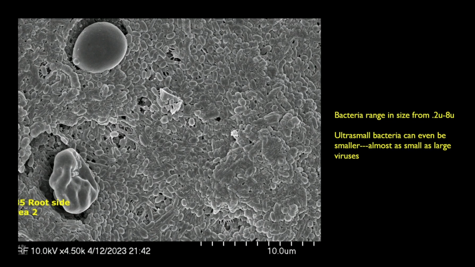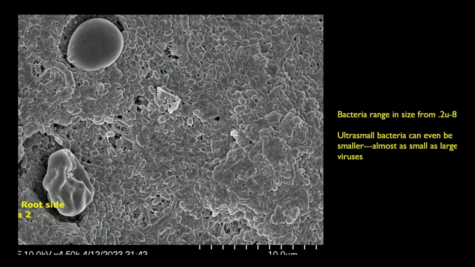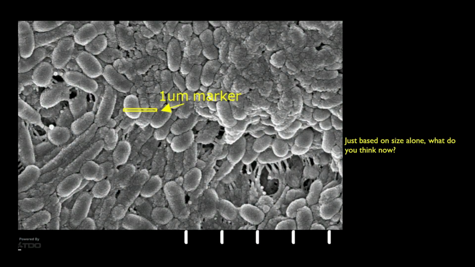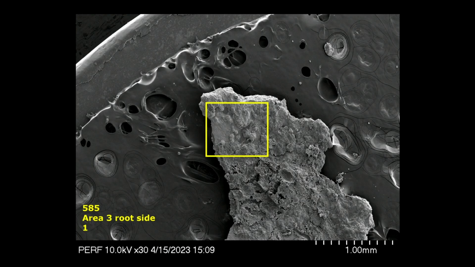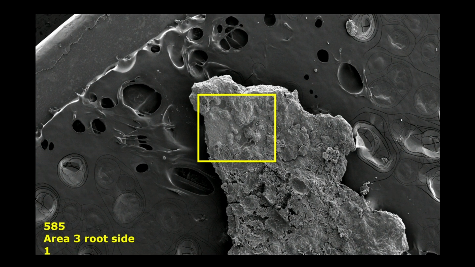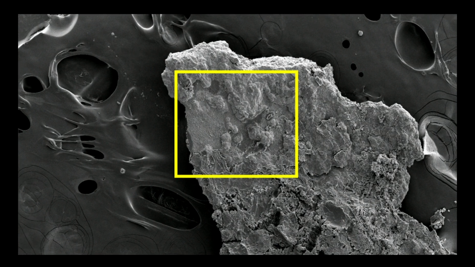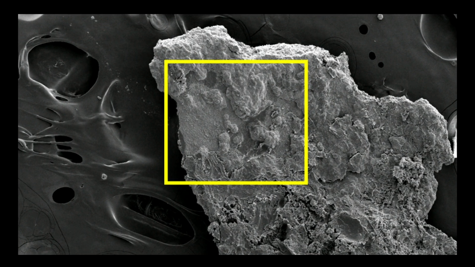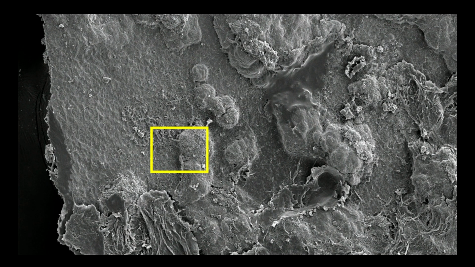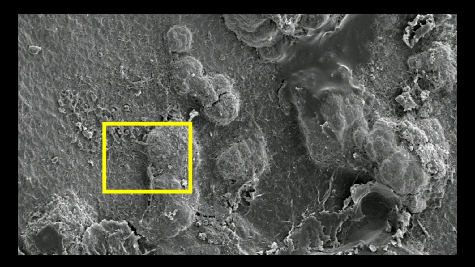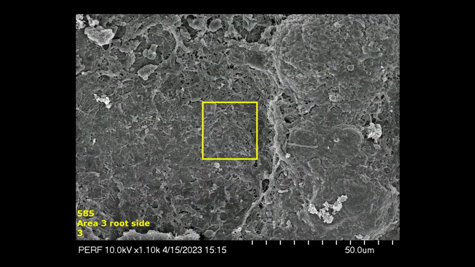So as I mentioned to Rick in our discussion, bacteria range in size from 0.2 microns to almost 8 microns. So when you're helping to decide just simply by size, you want to look at the scale marker, and that can help you decide what you're looking at. So as you look at these, get used to noticing the micron sizes.